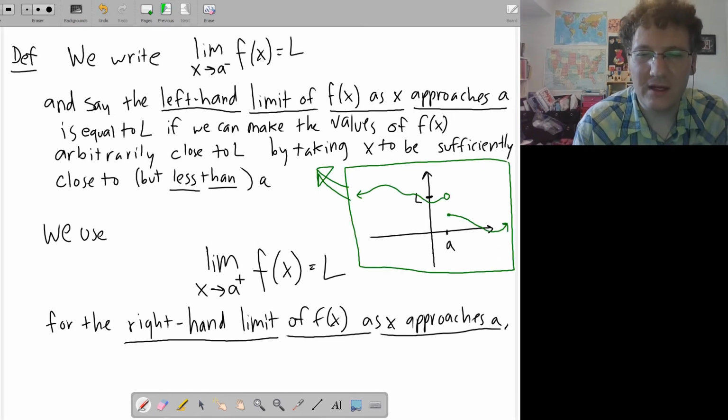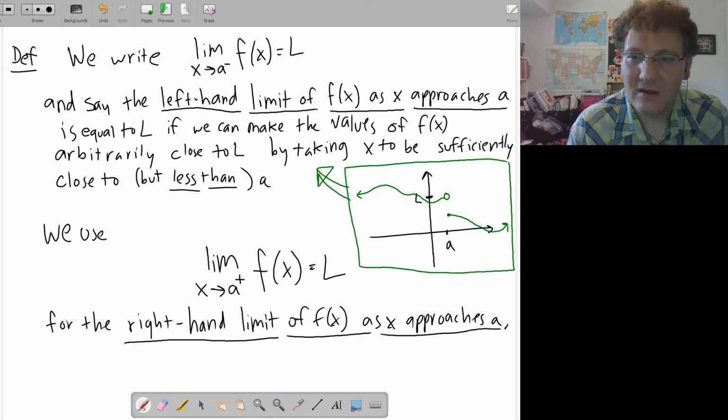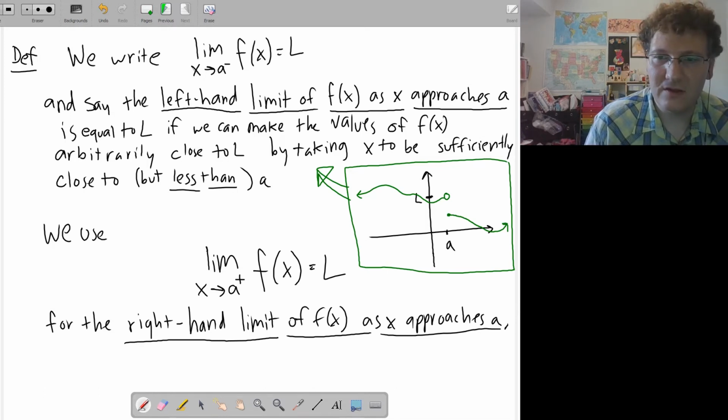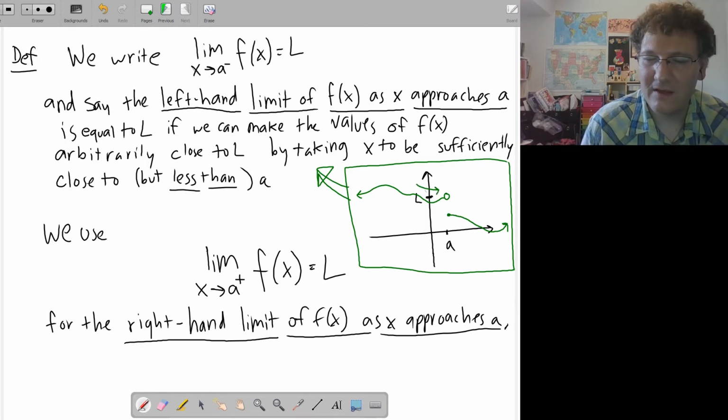So what I've illustrated here is the left-hand limit of f of x as x approaches a is L. You can see that as x approaches from the left-hand side, the function value gets close to L, but it's not true from the right-hand side.